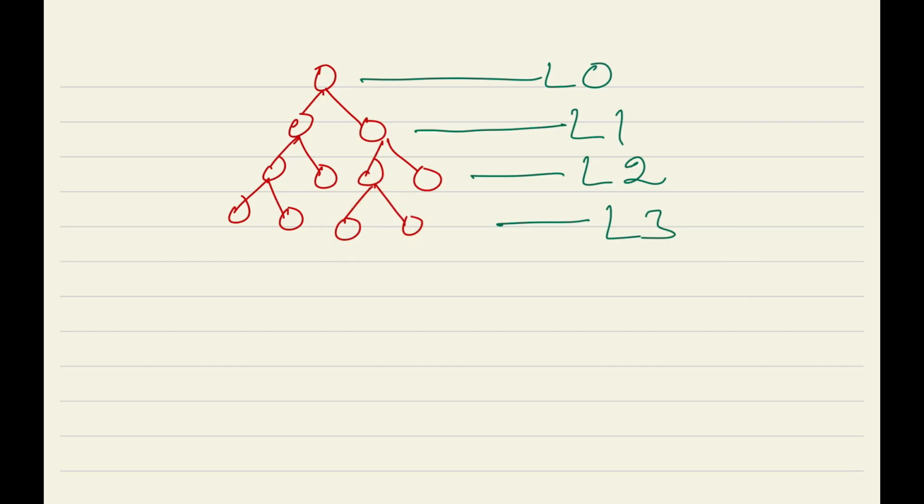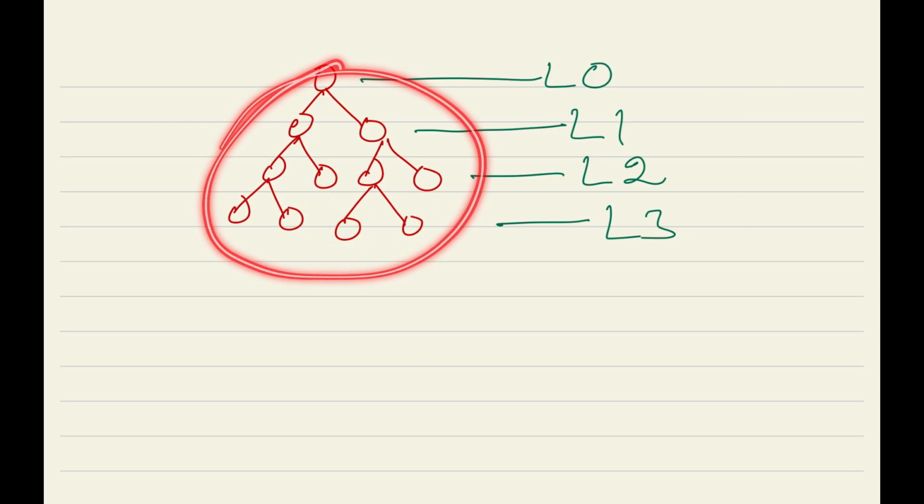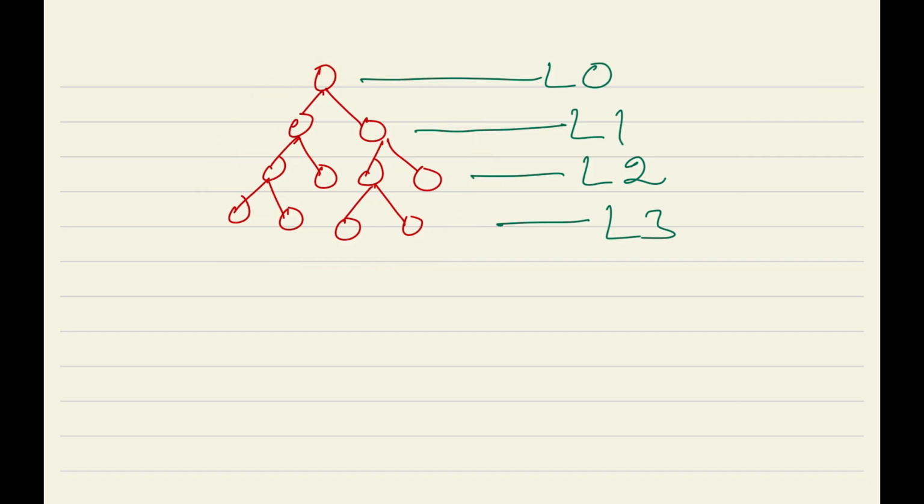As this node has no children and after that this node has children, it is not a complete binary tree. Why? Because it is not filled from left to right in this direction.